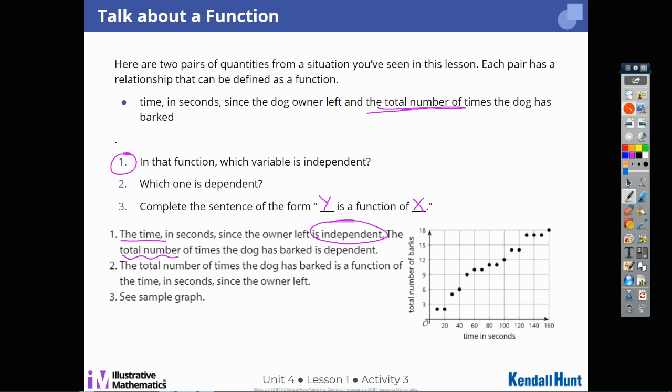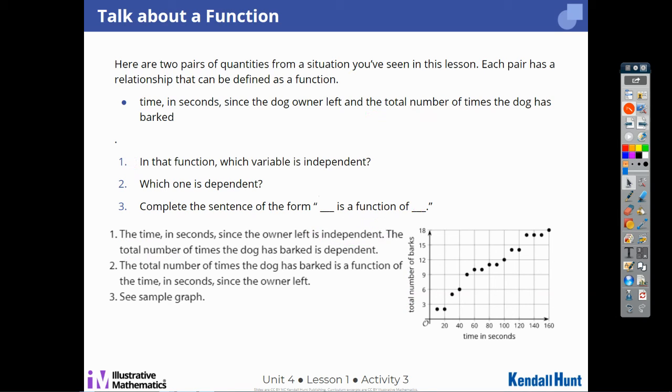So we have time is our independent variable down here on the x-axis, and your y-axis is your dependent variable. Okay. So as time grows and goes on, the total number of barks increases over time.